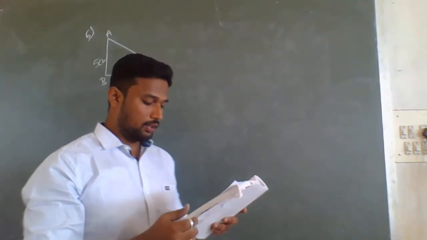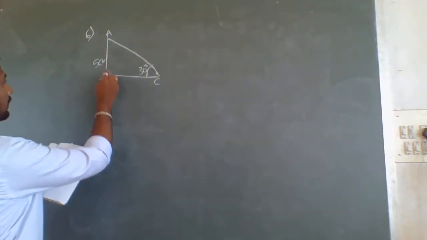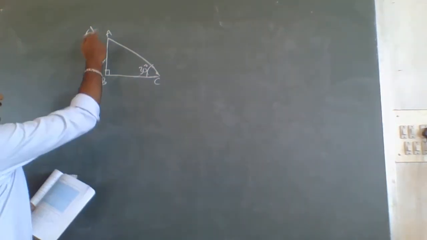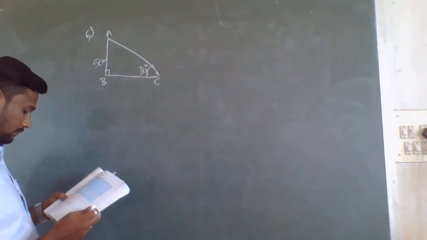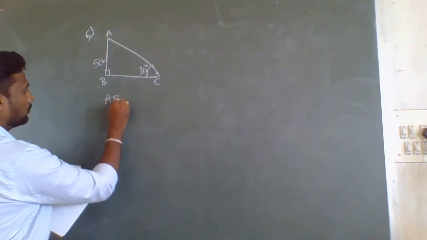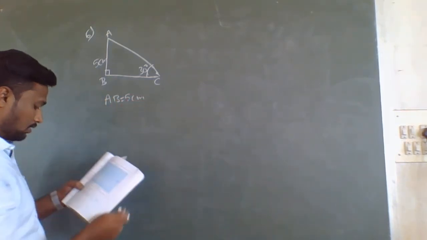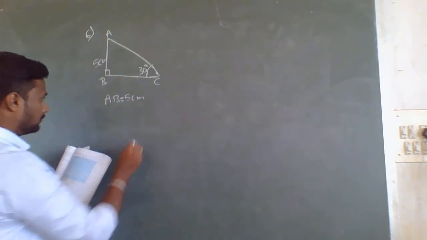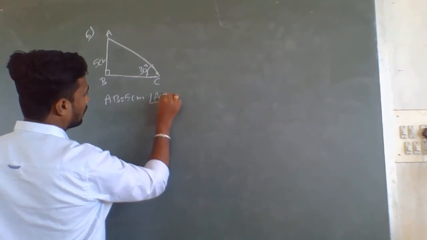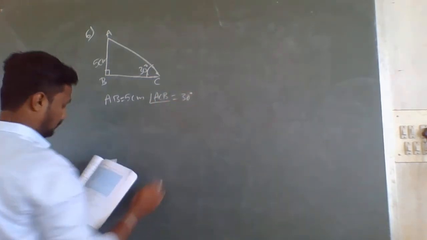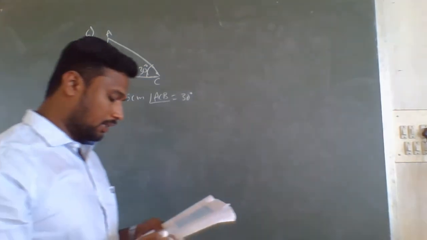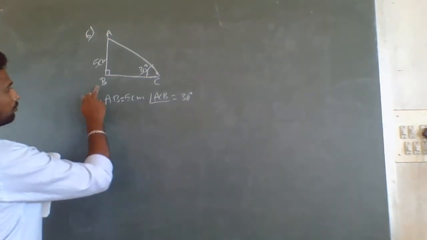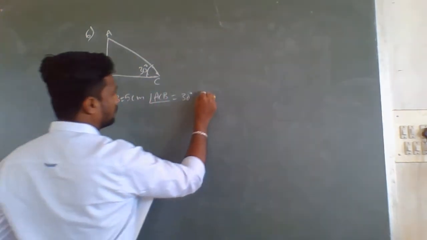So in triangle ABC, right angle at B, AB equals 5 centimeter. And angle ACB, this angle, is 30 degree. Determine the length of sides BC and AC. We have to find the length of BC and AC.